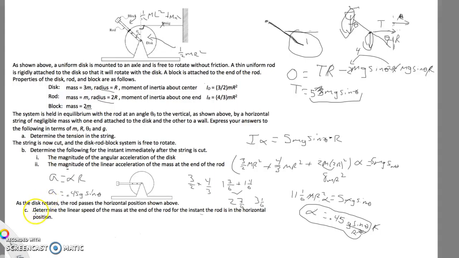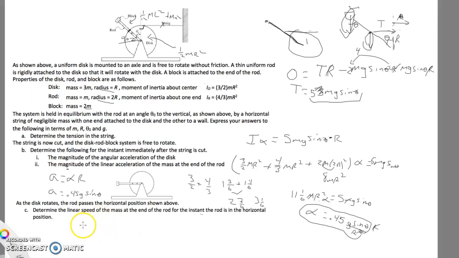Okay, for the last part, it says determine the speed of the mass at the end of the rod for the instant the rod is in the horizontal position. So we know that it's going to travel an angle of whatever this angle is, so this would be 90 minus theta. I'm almost out of time on the video, so I'm just going to discuss options here. You could do two things.